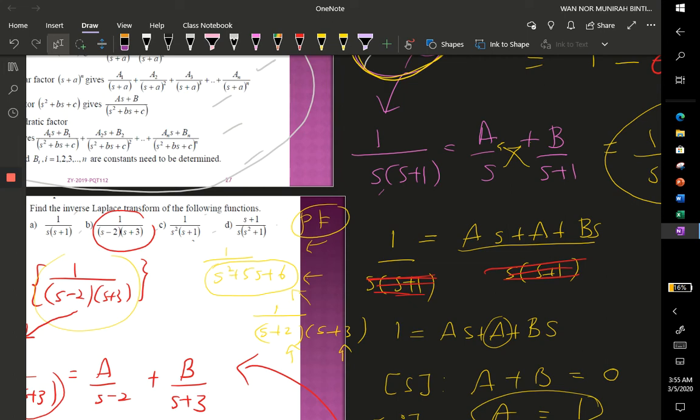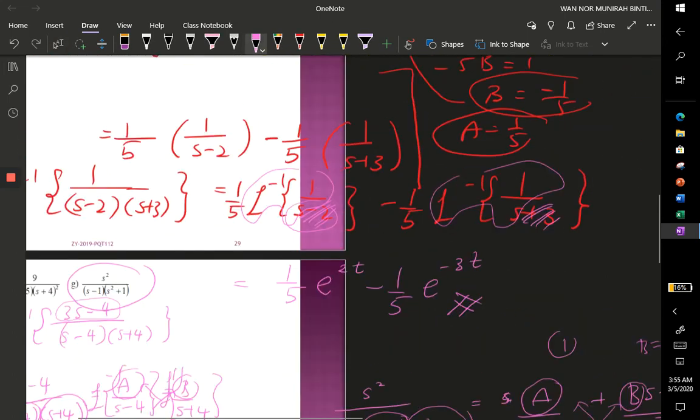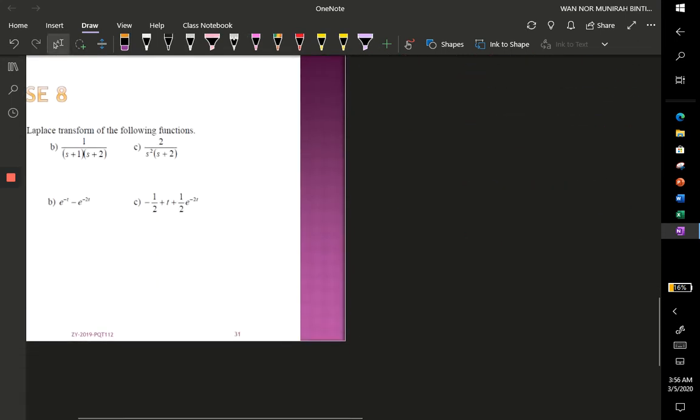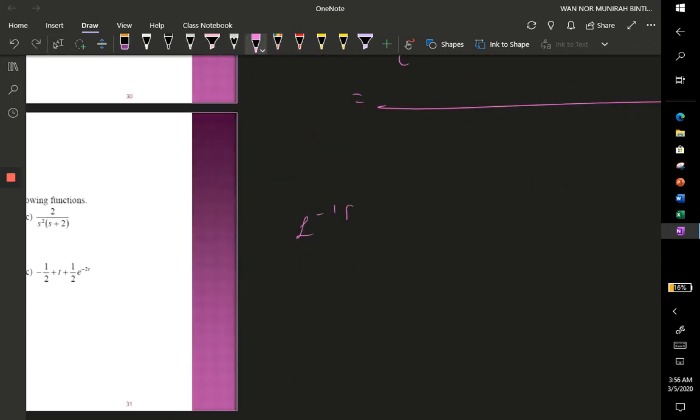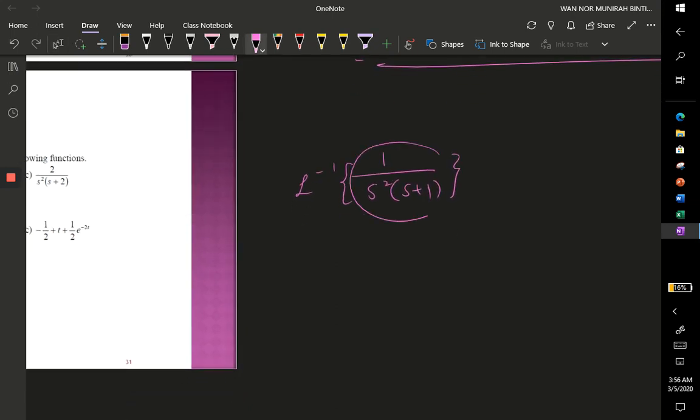Okay, let's say this one: 1 over s squared (s plus 1). Let's say you have to take the Laplace inverse of 1 over s squared (s plus 1). I try to solve this one separately, forming the partial fraction. This one is s squared, meaning you have s times s.